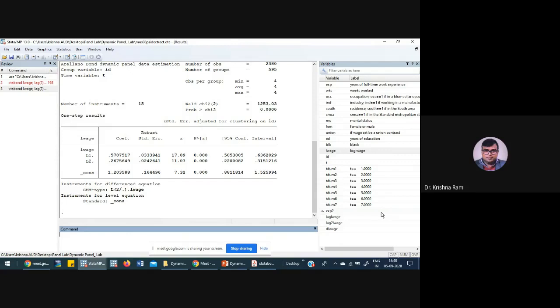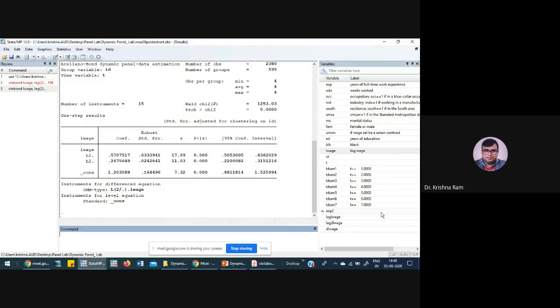Similarly, the rise in period 1 affects the wage of period 3 by 0.26%. I'm using percent because both the dependent and independent variables are here in log terms. So this is the impact of the current period wage on the future period wage rate. Given a 1% rise in wage at the current period, it is going to affect the wage earned by an individual in a future period.